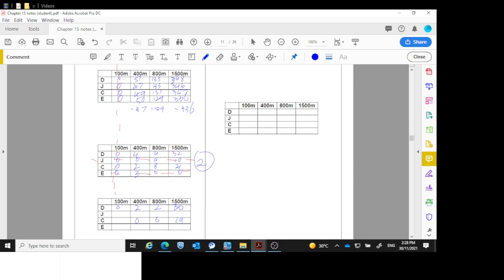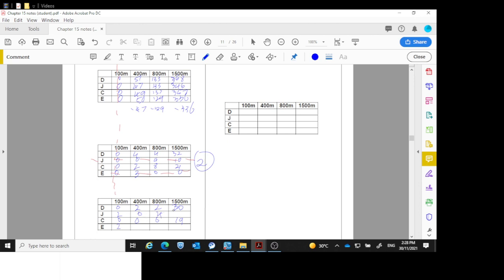So this 0 stays as 0. This 0 has 2 lines at the J in 100 meters, so we're going to add 2. This 0 stays as it is. This 0 on the E has 2 lines, so you're adding 2 twice, but taking away 2, so it might as well stay as 2. The next one, that 0 stays as 0.